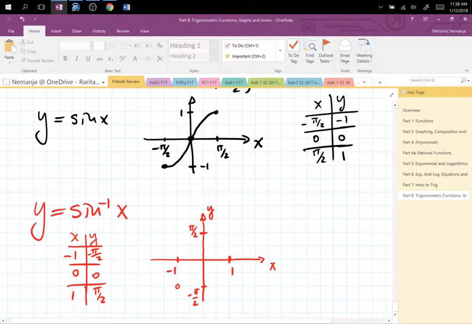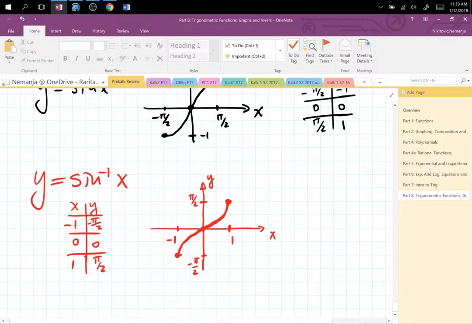So I have these points, and there we go. And that would be the graph for inverse sine.